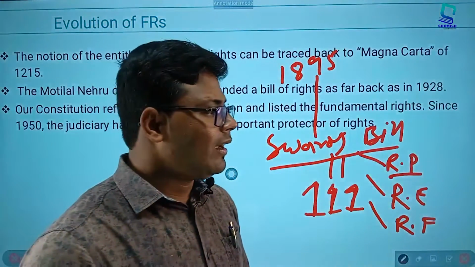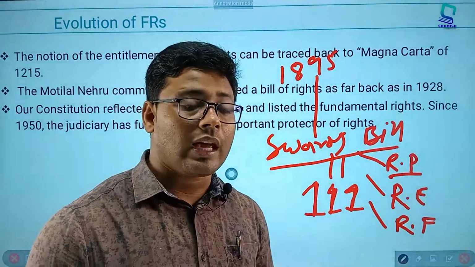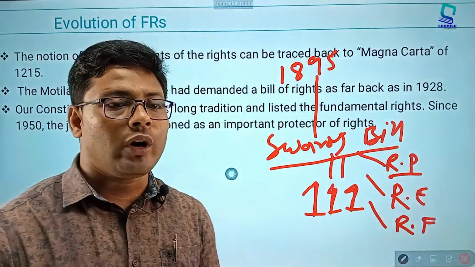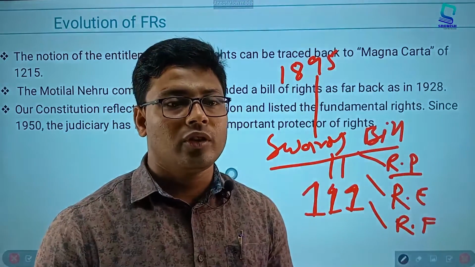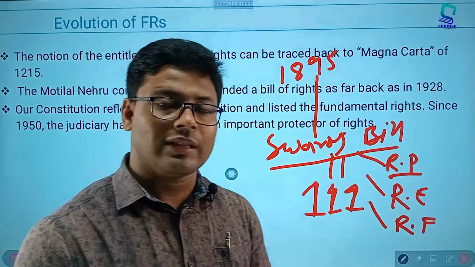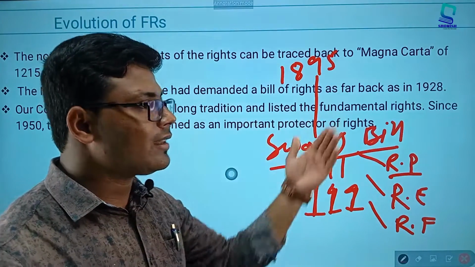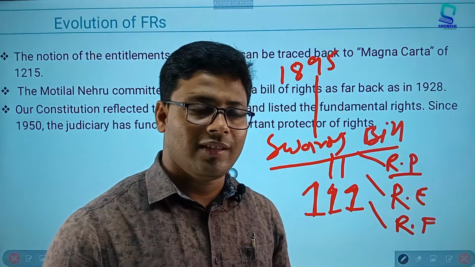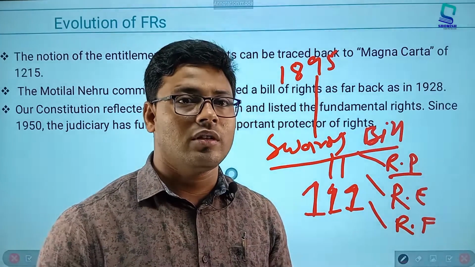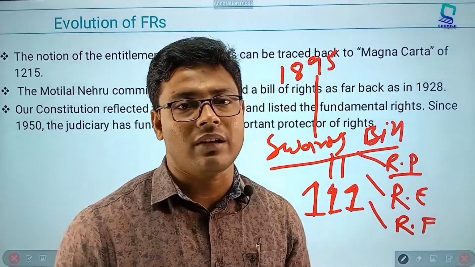At that time, adult franchise was restricted; only a portion of people were eligible to cast their vote. That's why the Swaraj Bill is a great source of inspiration for the evolution of fundamental rights.